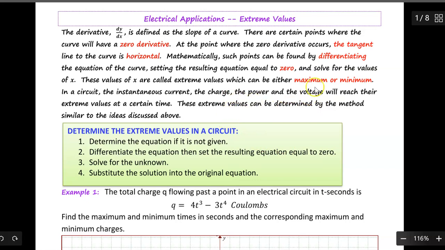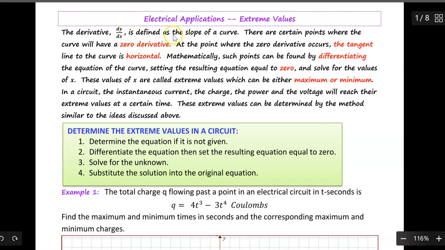So maximum and minimum points occur at the point where the slope of the line tangent to the curve at that given point is equal to 0. We are talking about the tangent line which is horizontal and parallel to the x-axis, and the slope of that line has to be equal to 0.